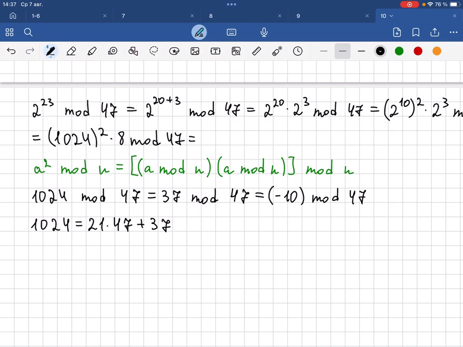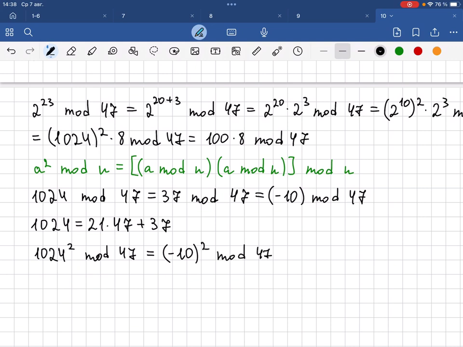And according to our property, here we have to write 100 multiplied by 8 mod 47, as 1024 squared mod 47 will be equal to minus 10 squared mod 47.